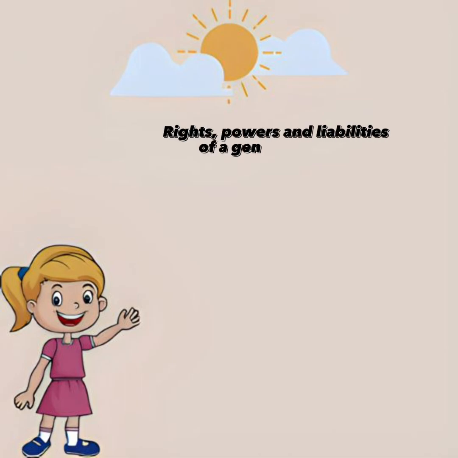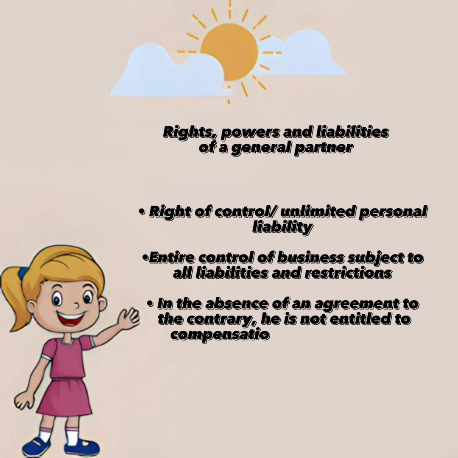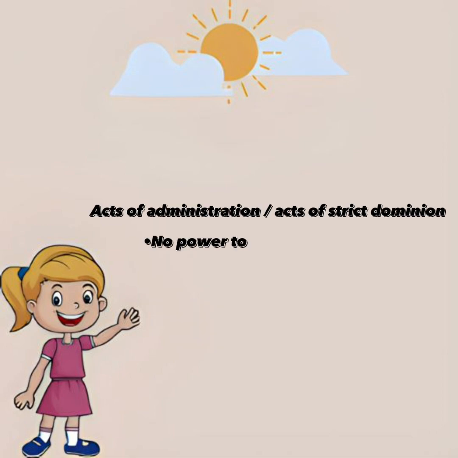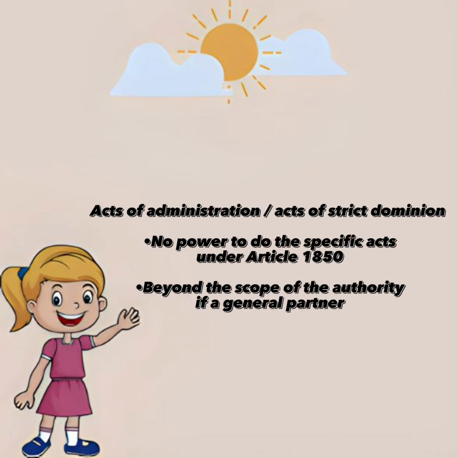Rights, powers, and liabilities of a general partner. Right of control and limited personal liability. Entire control of business, subject to all liabilities and restrictions. In the absence of an agreement to the contrary, he is not entitled to compensation for his services beyond his share of the profits, for acts of administration or acts of strict dominion.